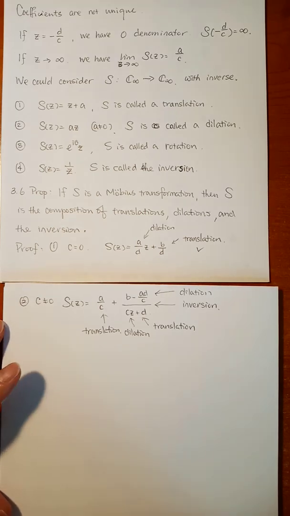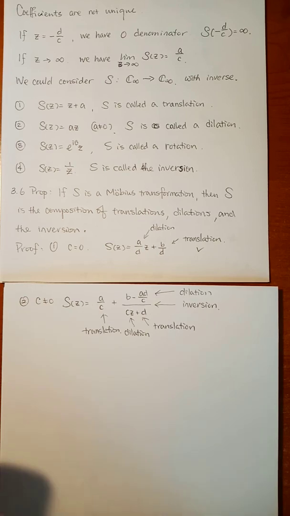This is the proof of proposition 3.6: all Mobius transformations can be decomposed into those three types, translation, dilation, or inversion.